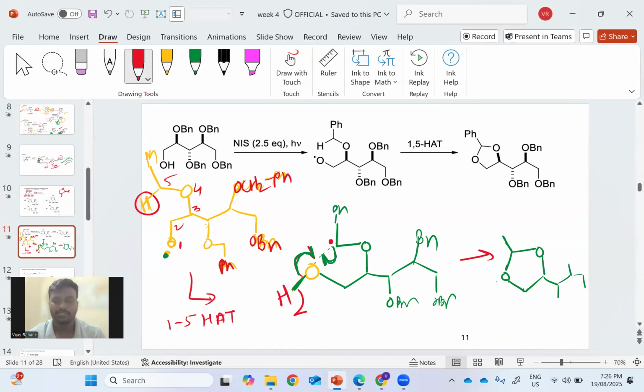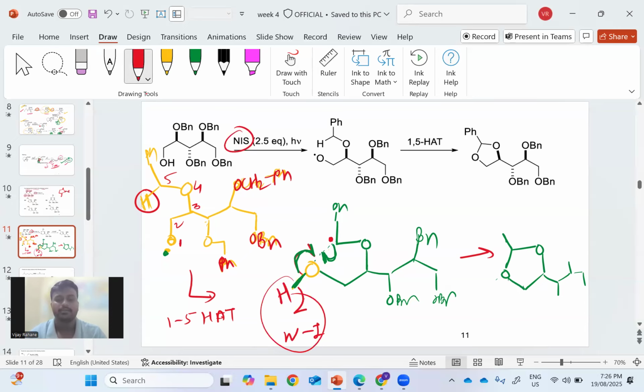It might be abstracted by N-iodosuccinimide, or maybe by another hydroxy group. We have N-iodosuccinimide in the reaction, so it also takes this proton and gives the formation of this five-membered ring. The remaining stereochemistry remains in the product.